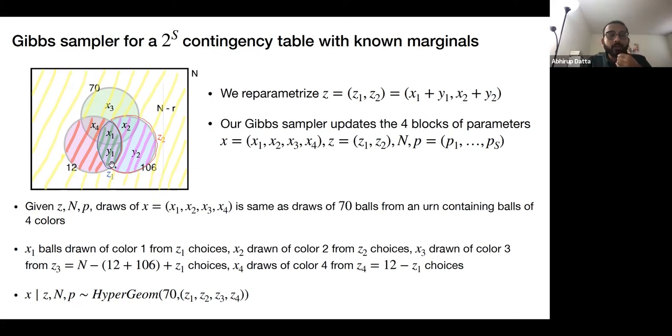So it turns out, and this is just an illustration for 3, it works for S-way tables as well. So it turns out this conditional distribution is simply a hypergeometric distribution. Draw of sample size 70 with these total ball counts, which are given by Z1, Z2, Z3, and Z4. And all of these are known when we know Z and N.